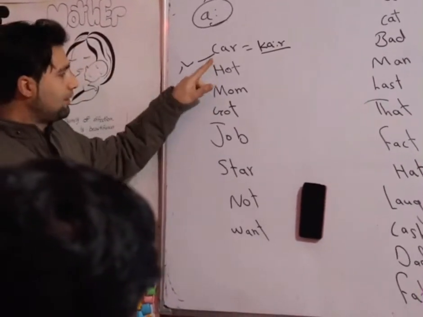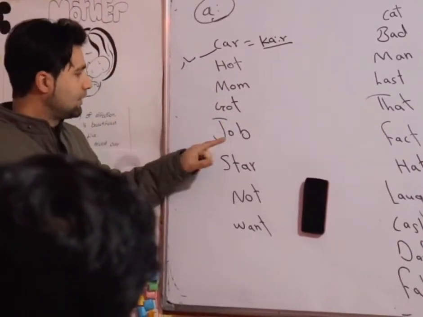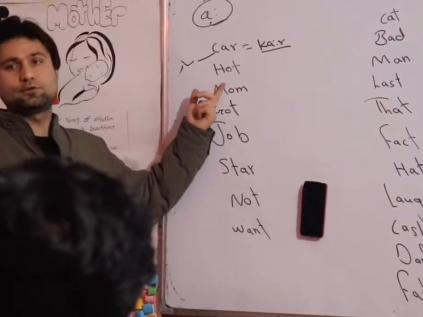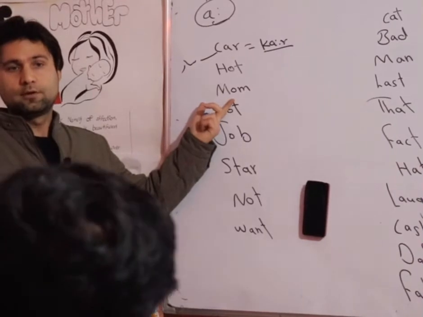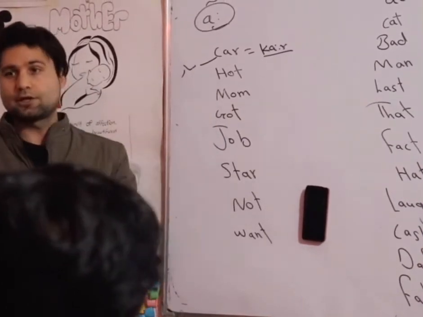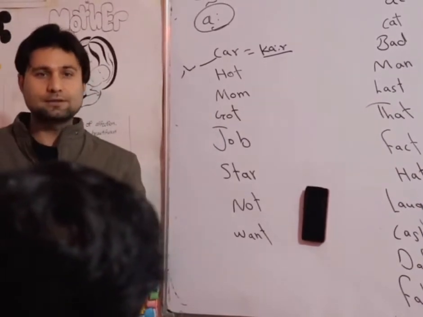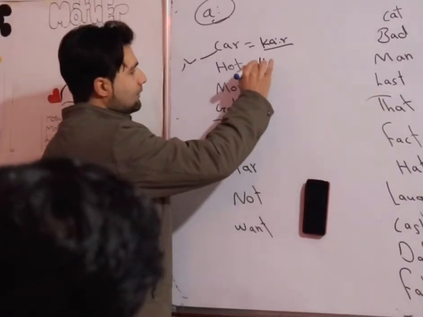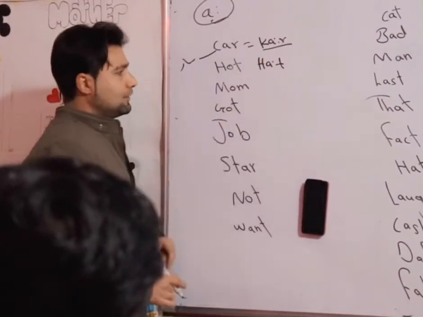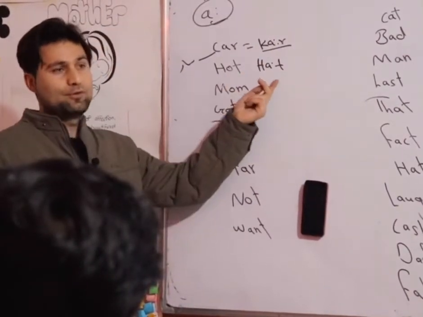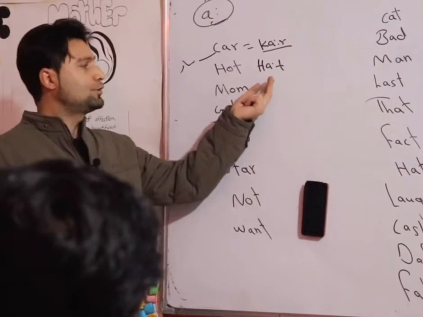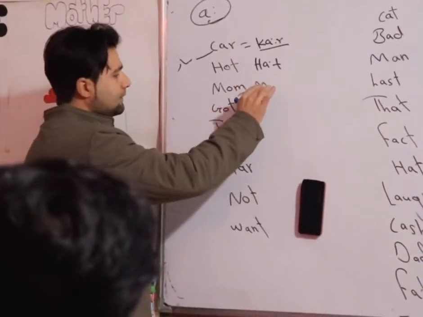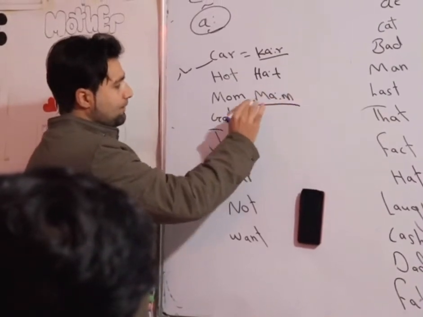So see, car, hot, mom, got. If we do not know phonetics, we would pronounce hot and mom incorrectly. But we learned phonetics and checked the dictionary. The dictionary taught us to pronounce this word like this: hot. It is written one way, but we should pronounce it like this.